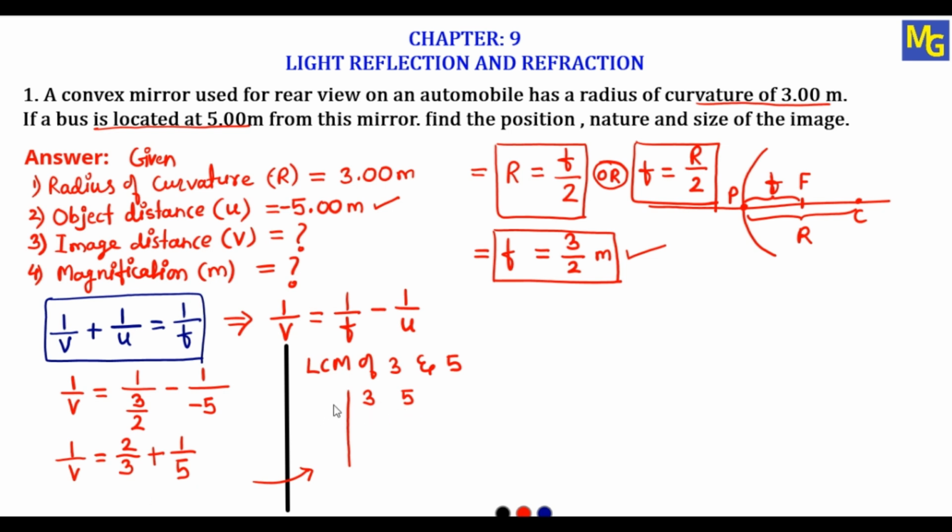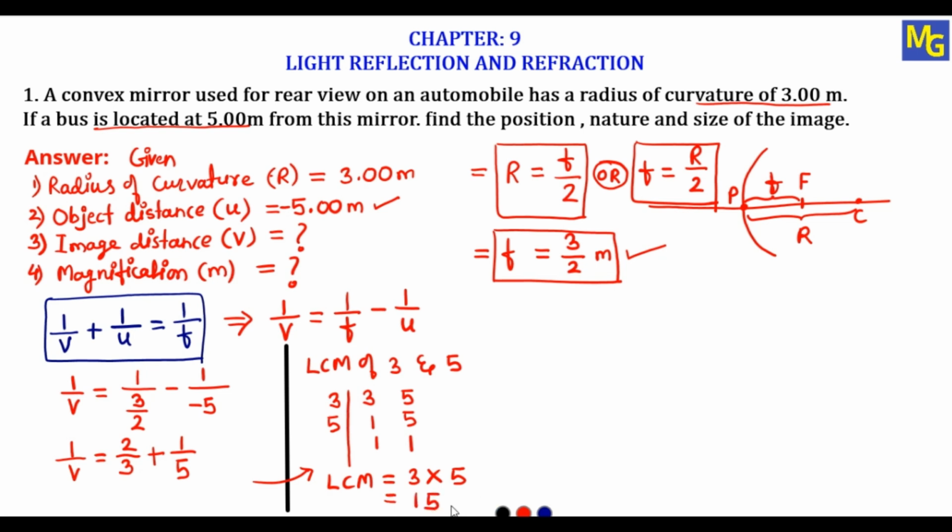Here I'll take first 3, 3 1s are 3. There is no 5 in the 3 table, so 5 as it is. Now take 5, 1 as it is, 5 1s are 5. So LCM will be, multiply these prime numbers, 3 into 5, and the answer will be 15. So this is our LCM.